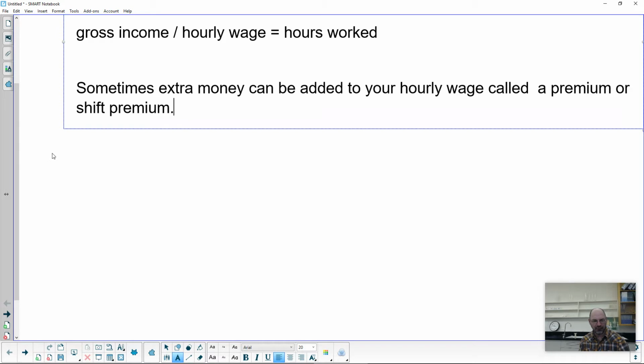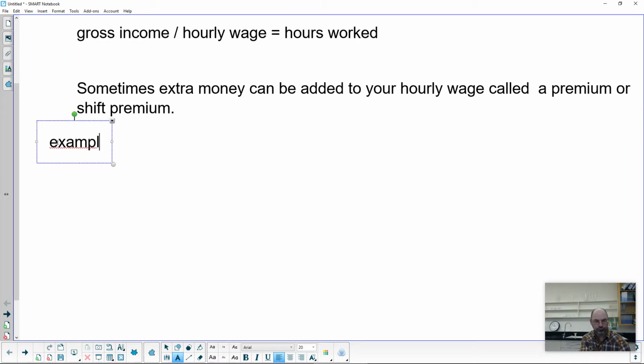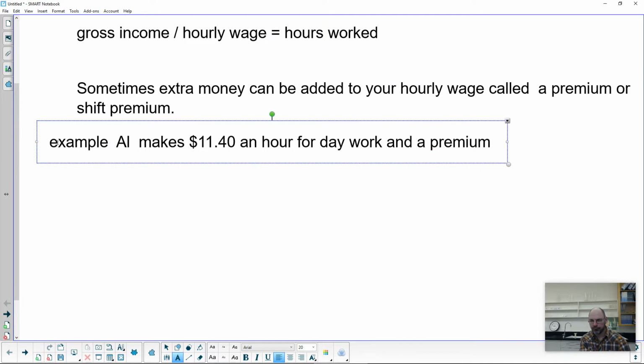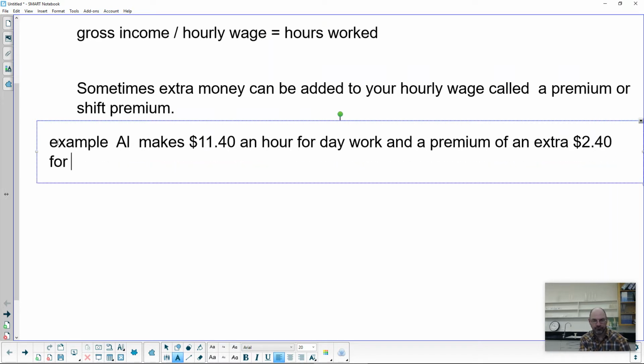For our first example, let's say that Al makes $11.40 an hour for day work, and a premium of an extra $2.40 an hour for night work.